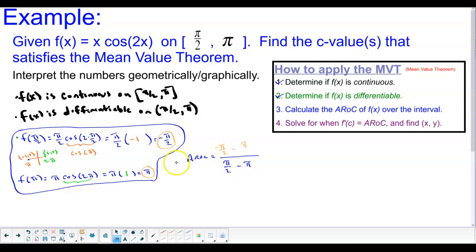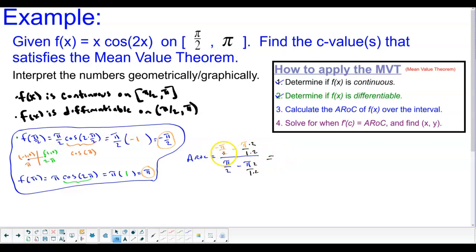So difference of your x's, so I just decided to do pi over 2 minus pi on the bottom, and then difference of your outputs, -pi over 2 minus pi. Well, what I need to do now is just simplify the numerator and denominator. Think of these as fractions. Each one of these needs to have a 2 in order to combine them.